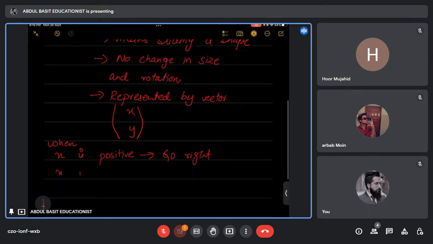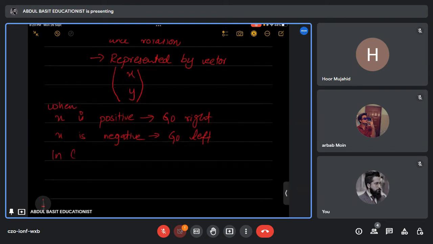When x is negative, go left. In Cambridge, you will receive a question of 2 marks on this translation, and it's a piece of cake.